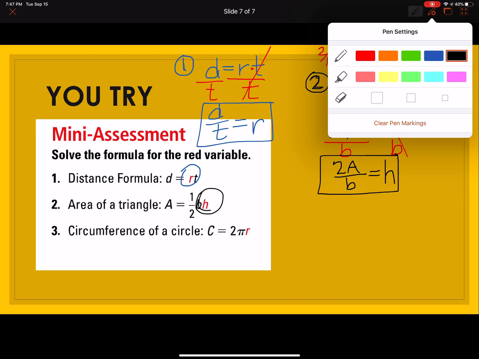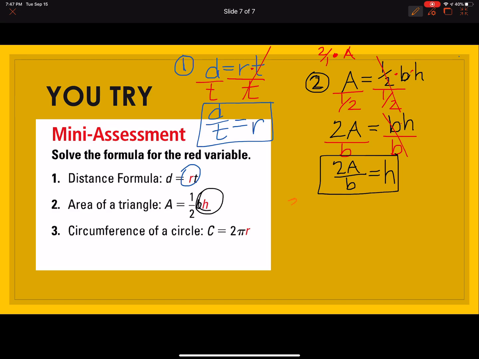Okay, let's look at number 3 now. The formula for number 3 is the circumference of a circle, and we have C equals 2 times pi times R, and we are isolating or solving for R. So our goal is to get R by itself. 2, pi, and R are all being multiplied.